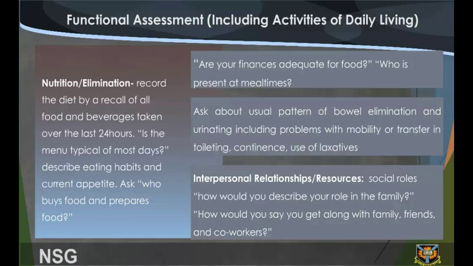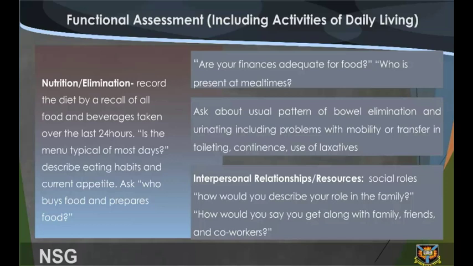Ask, who buys and prepares food? Are your finances adequate for food? Who is present at mealtimes? Ask about usual pattern of bowel elimination and urinating, including problems with mobility or transfer in toileting, continence, use of laxatives.